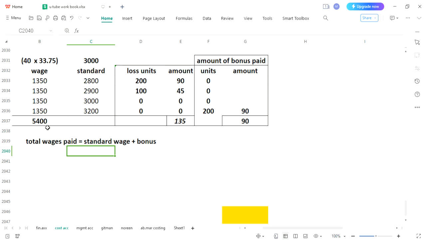Total 5400 in this way you have paid, and then you need to add bonus. Bonus amount was 90. So in this way, total wages have been paid. We can calculate 5400 plus 90. So we have got 5490, which are our total wages.